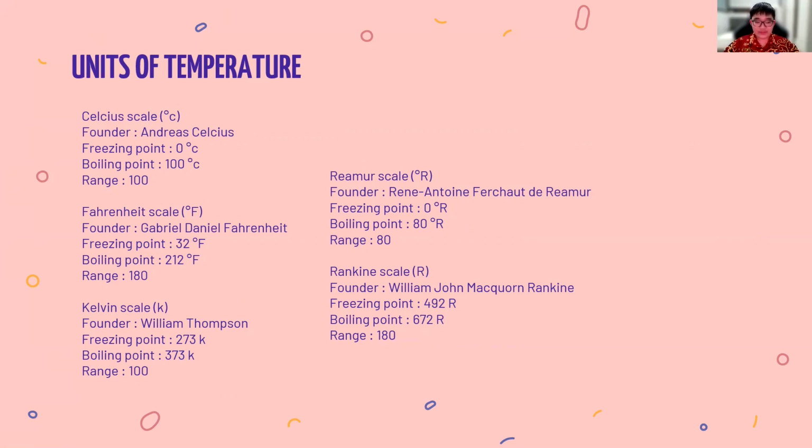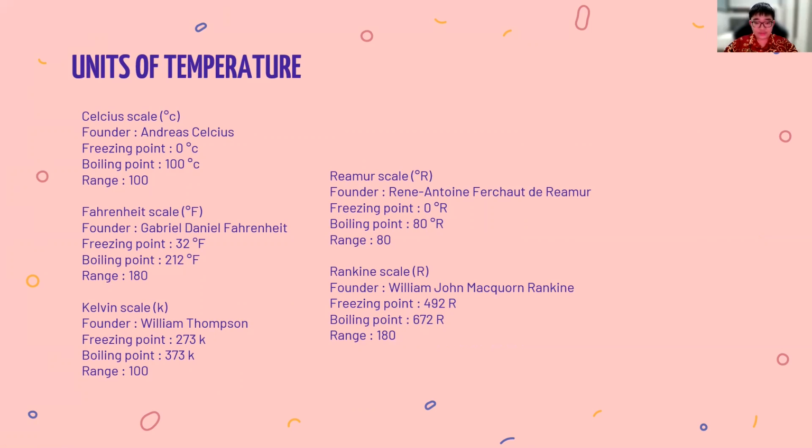And the third one, we have Kelvin scale with a symbol of K. The founder is William Thomson with a freezing point of 273 Kelvin and boiling point of 373 Kelvin with a range of 100 between those two. And then we have the Reaumur scale, which is degree R, which is founded by René Antoine Ferchault de Reaumur, with the freezing point of 0 degrees R and boiling point of 80 degrees R, with a range of 80.